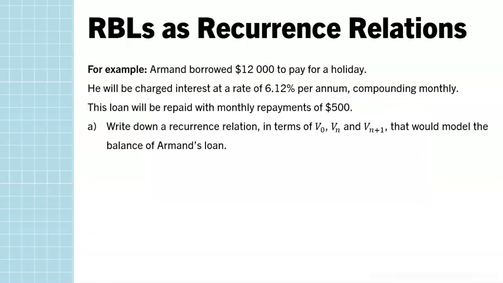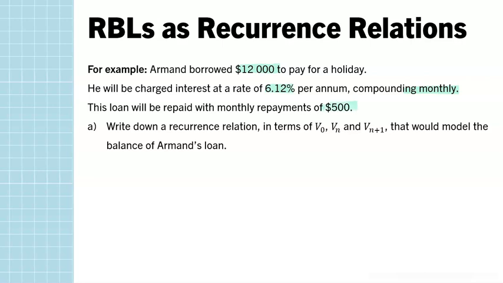An example of how we would take this information and put it into recurrence relation form. If Ahmed borrowed $12,000 to pay for a holiday, he will be charged interest at a rate of 6.12% per annum, compounding monthly. And this loan will be repaid with monthly repayments of $500.